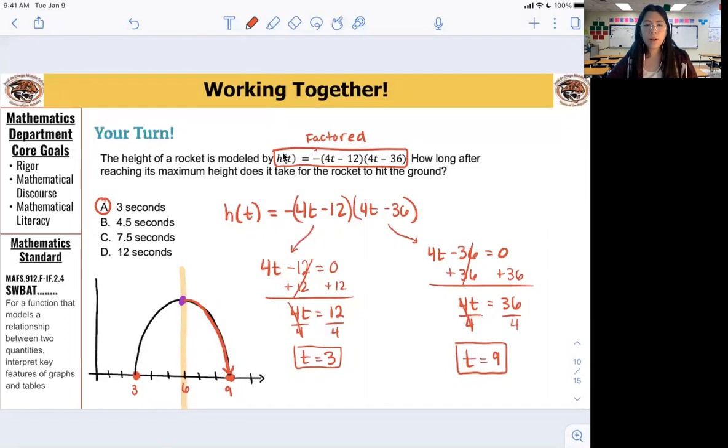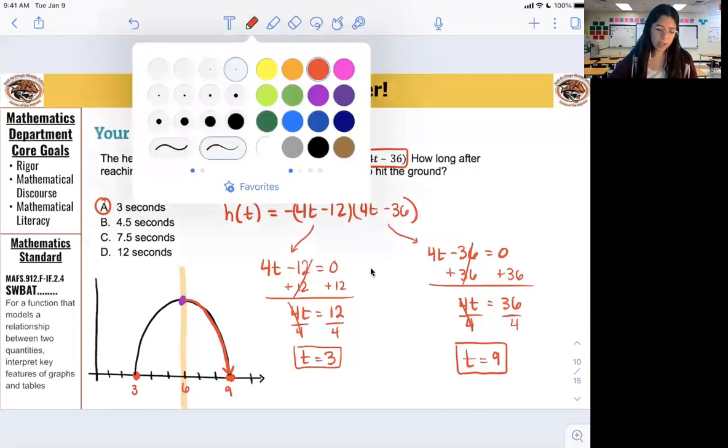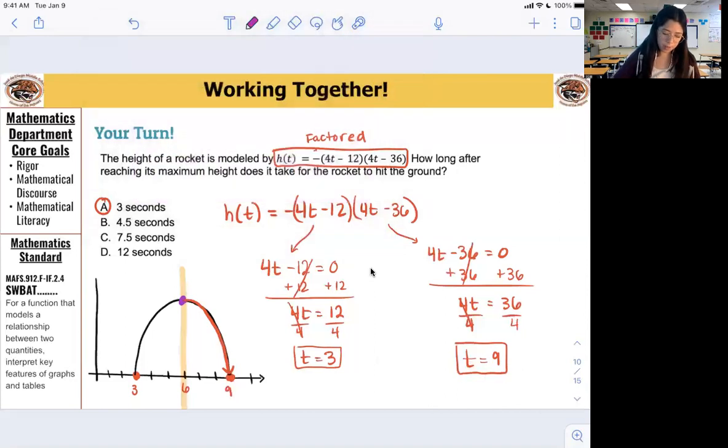So even though all I knew was the two x-intercepts, when you have the x-intercepts, you can always figure out what the middle is, and that's going to help you find the h value of the vertex. So the vertex is at 6 comma something.